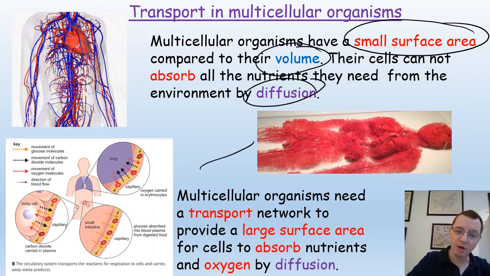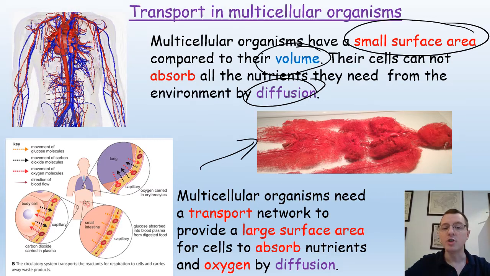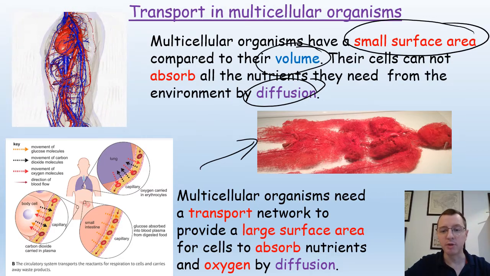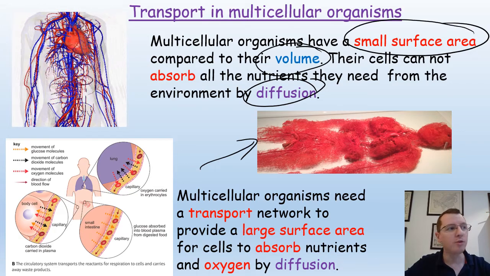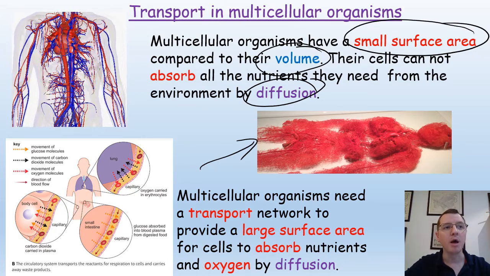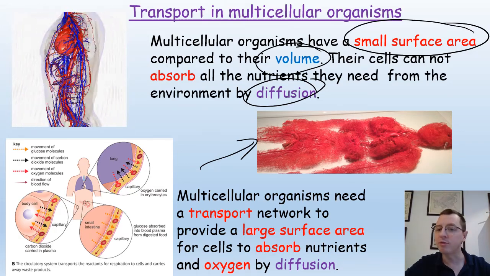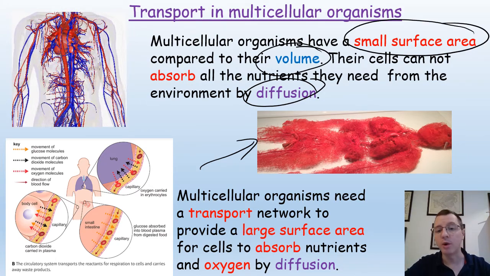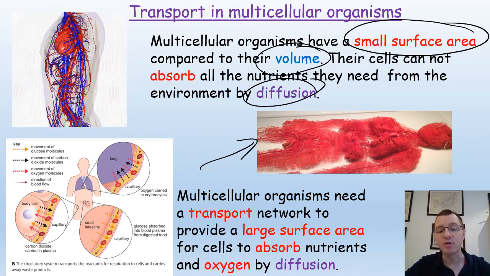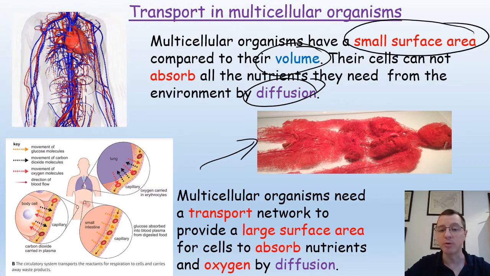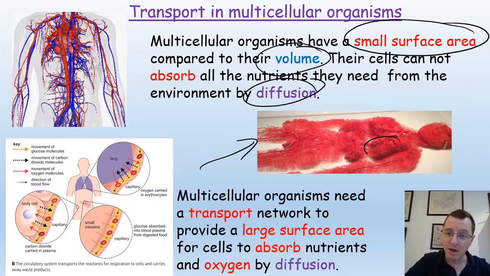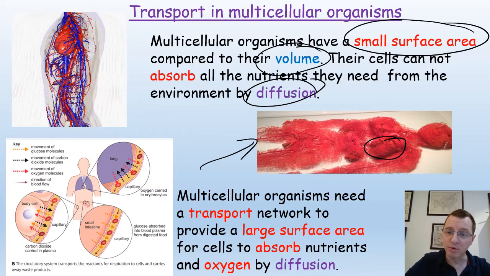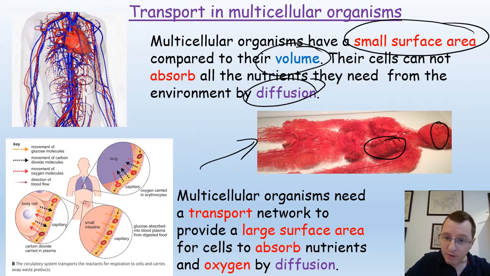And here we've got a wonderful diagram showing you all the different blood vessels in a human. This is somebody who's died and had their blood vessels filled with a red plastic. And as their body has decomposed away, it's allowed the red plastic to stay to show us all the different blood vessels that there are. In particular, the large amounts in the lungs and in the brain and in the organs.